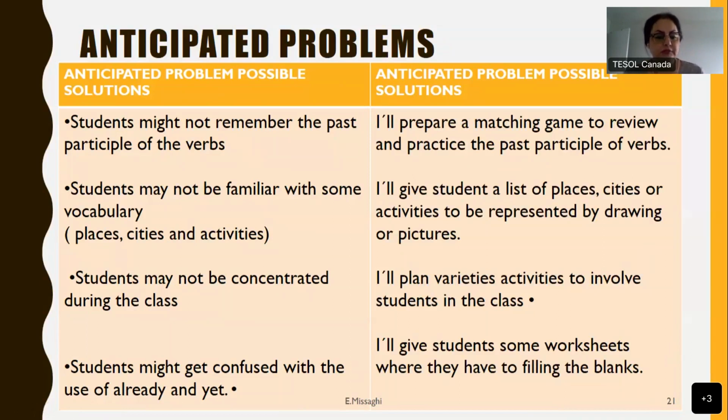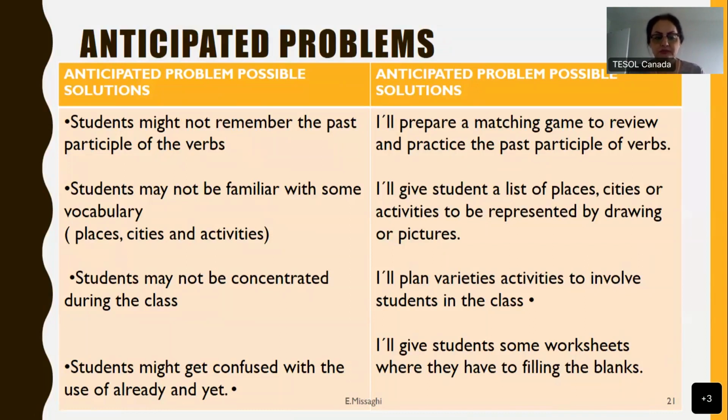And if they may not be familiar with some vocabulary, for example, the reading is about famous places in London, Trafalgar Square, Big Ben, and they have no idea, you can show them pictures. You can even play a short video about different places in London, for example.